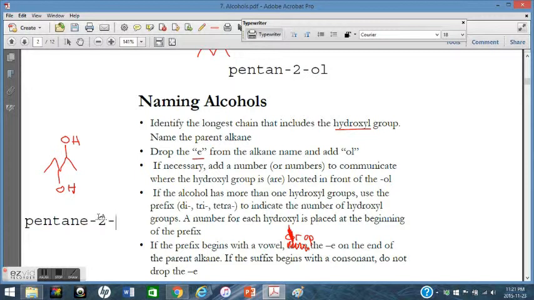It's going to be pentane-2,3-diol. The di part begins with a consonant, so we keep the E here. Pentane-2,3, because there are actually 2 of those.